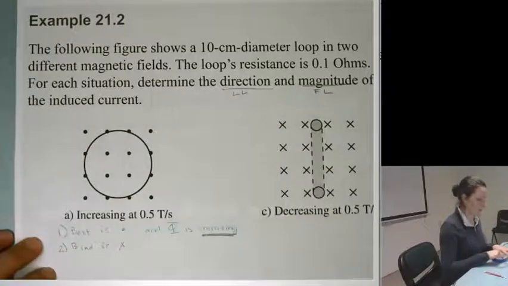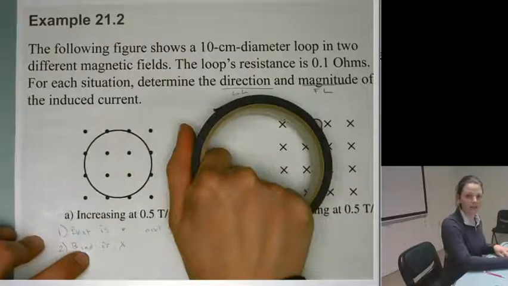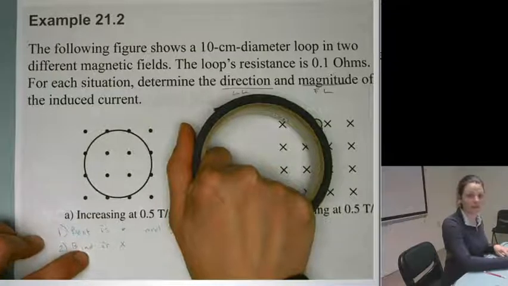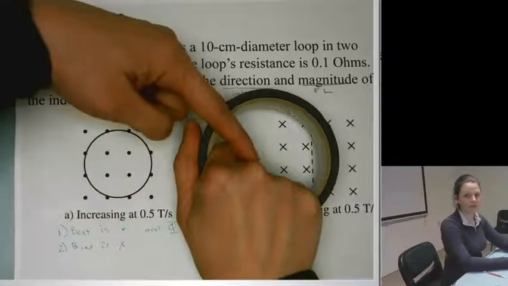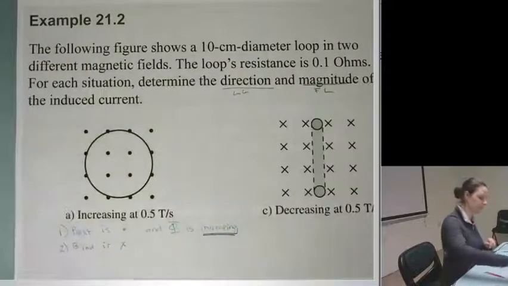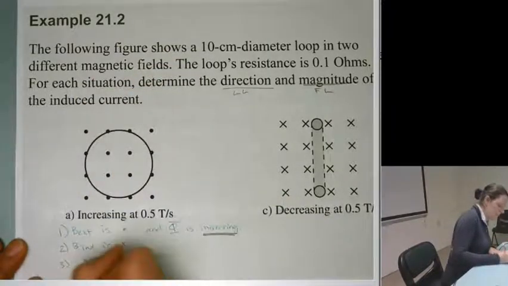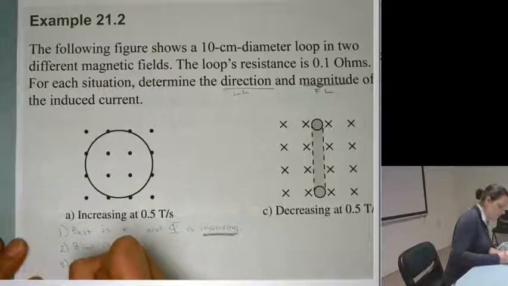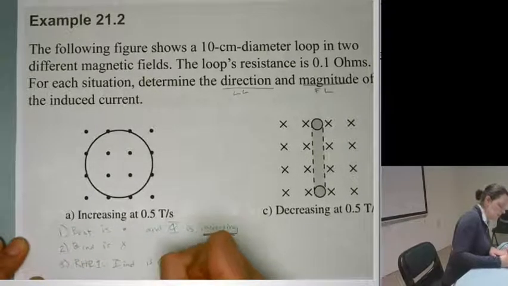So I want the induced magnetic field to be into the page in the middle of the loop. And this just was a natural way for me to hold this, but it ends up being the right way. Right now my fingers are pointing in the middle of the loop, and that means that the current is going around in this clockwise direction. So our third step will be, by right-hand rule 1, I induced is clockwise.